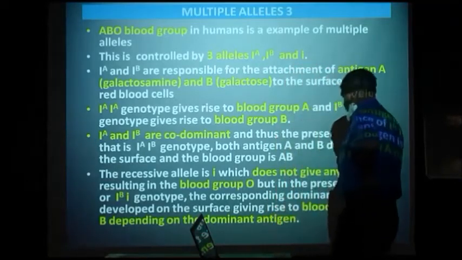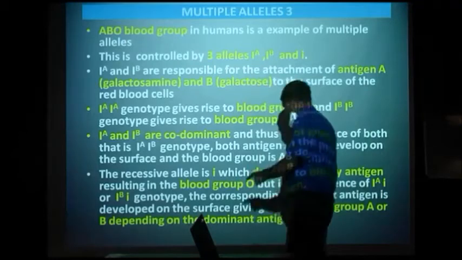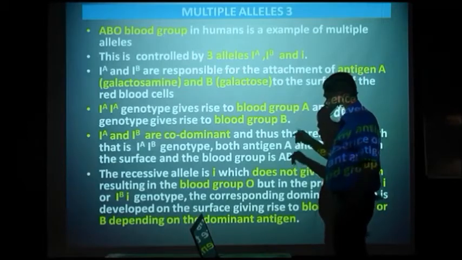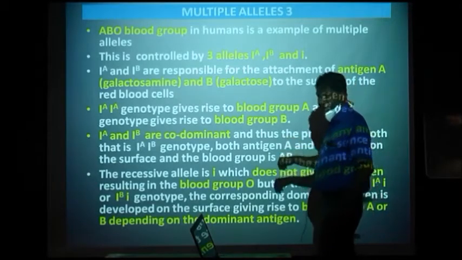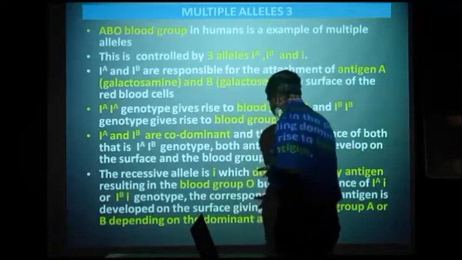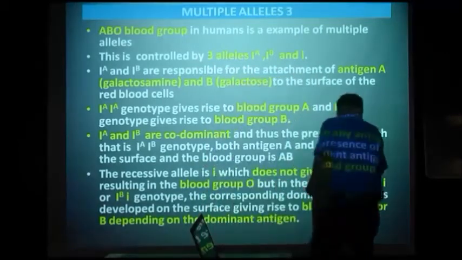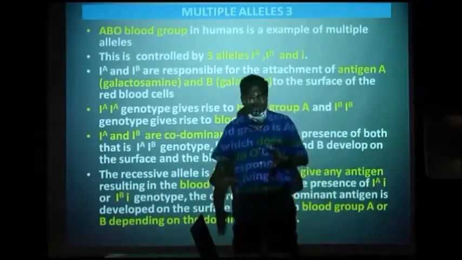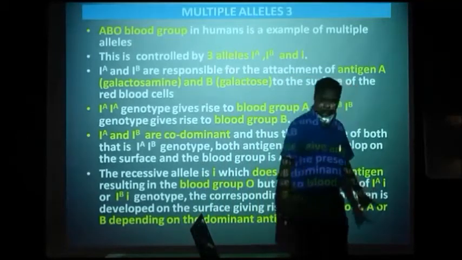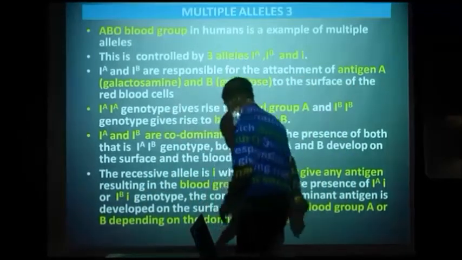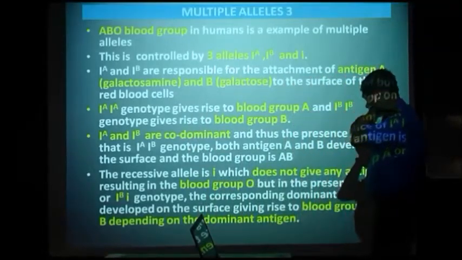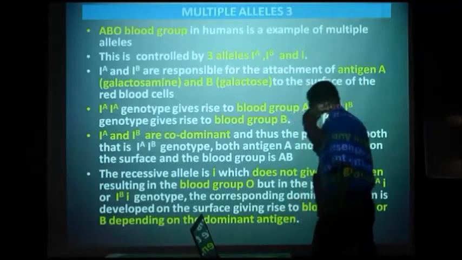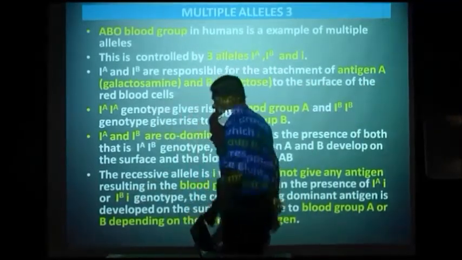Now when we have capital IA small i or capital IB small i, we get A blood group in this case and B blood group in this case. This is because IA is dominant over small i and IB is also dominant over small i.